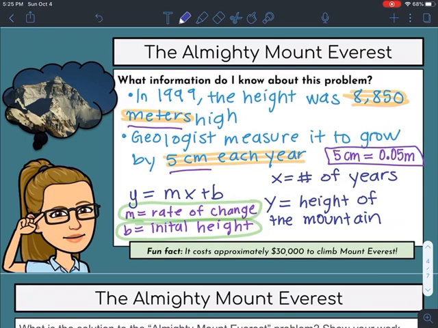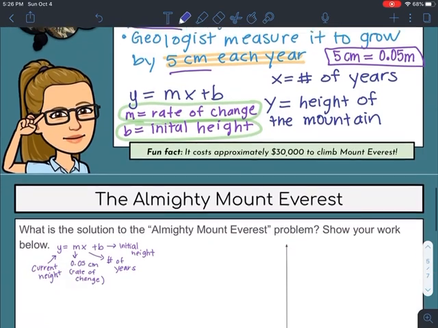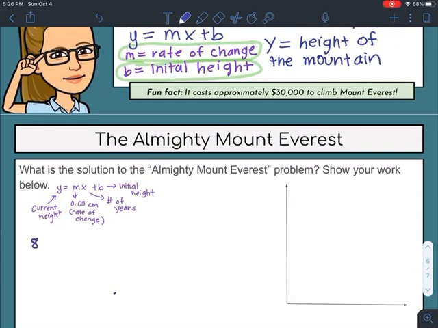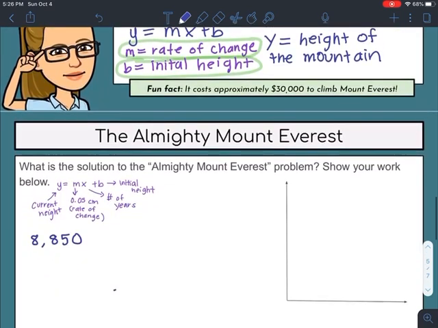We know that in 1999 it was this many meters high, so I'm going to substitute that in. I have 8,850, and I know that the rate of change was 0.05, and then the year was 1999.